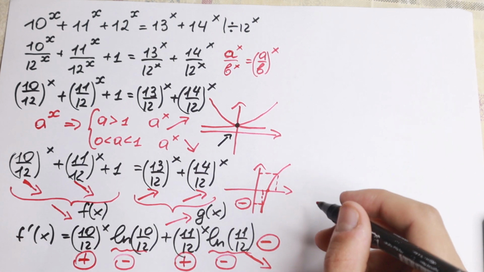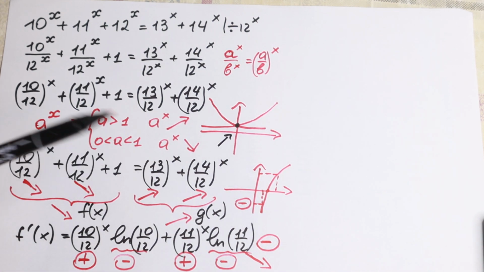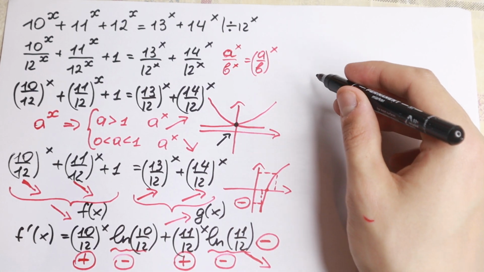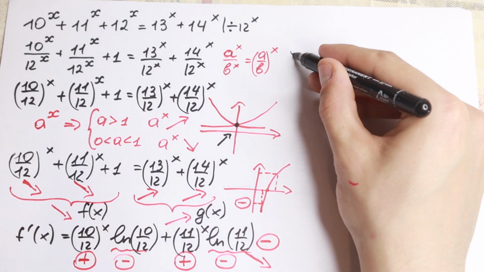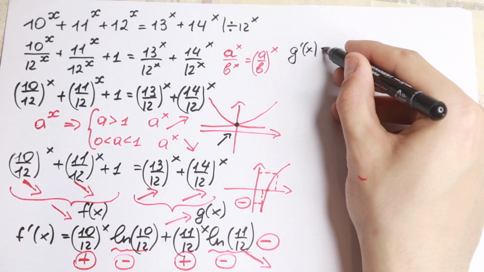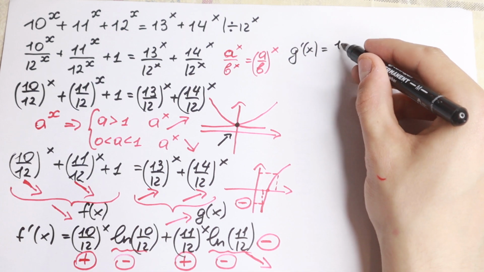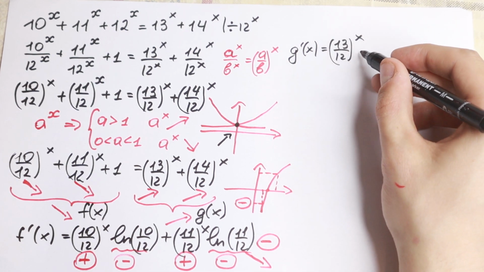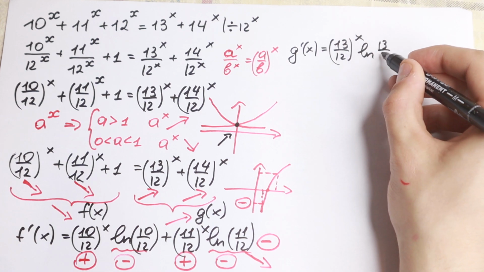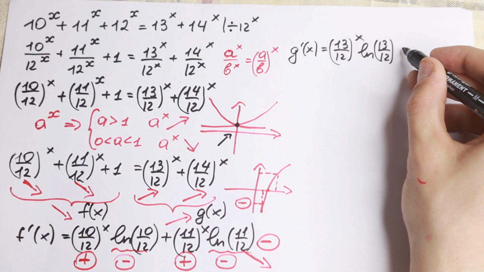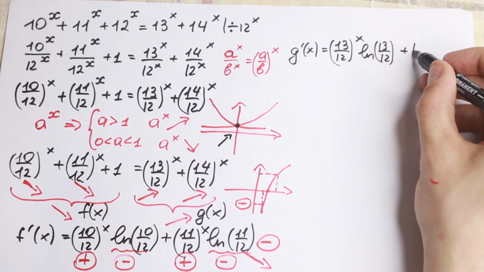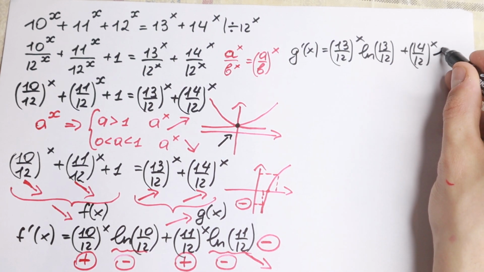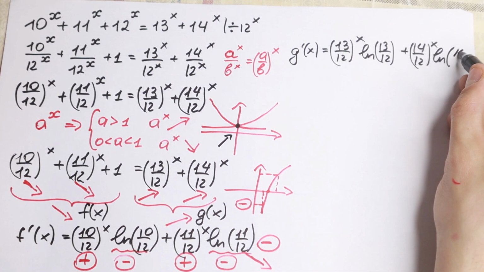And let's use the same rule with the right function. As you can see, we'll have completely the same as right here. We will have g prime x equal to (13/12)^x, and of course times natural log of 13/12, and we add plus (14/12)^x times natural log of 14/12.